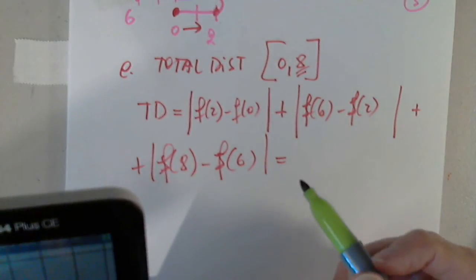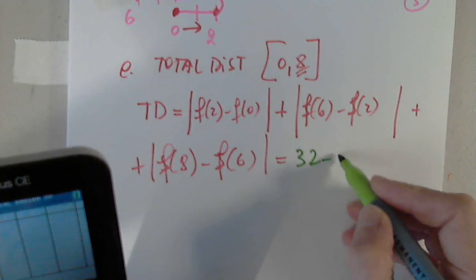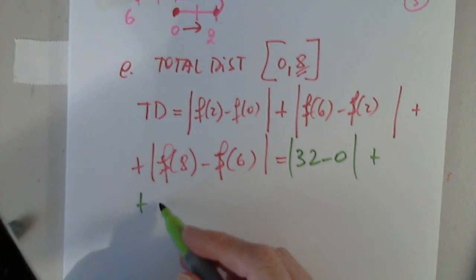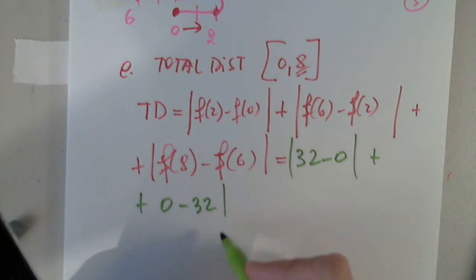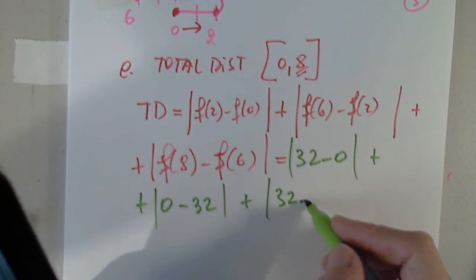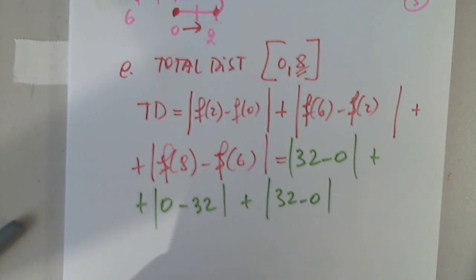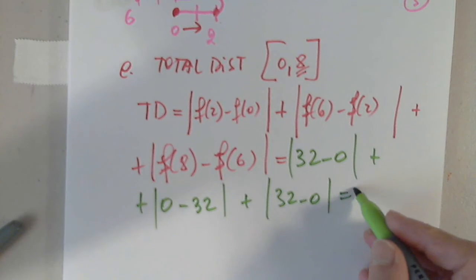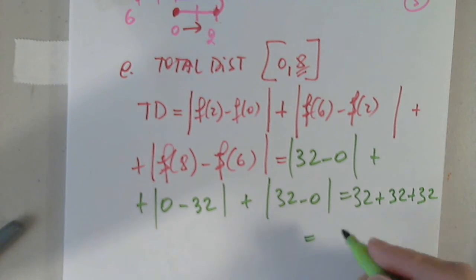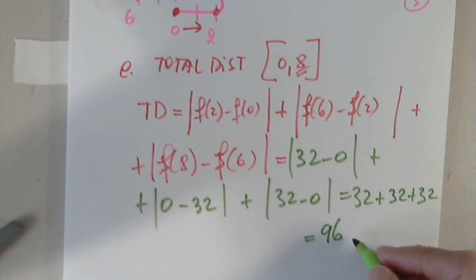Okay, S of 2, so that will be 32 minus 0, plus S of 6, 0 minus 32, and then plus F of 8, 32 minus 0, minus F of 6. So the absolute value is 32 plus 32 plus 32, so this is 96, and the measurement unit is feet.